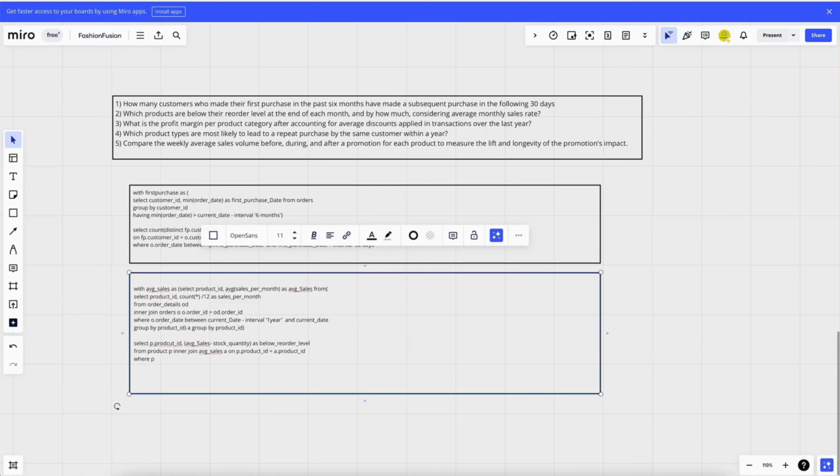And the condition is stock quantity is less than the average. It's not average sales, it's average quantity. Or in other way, it's sales. Sales happened for that one. I'll just keep this one as average quantity.